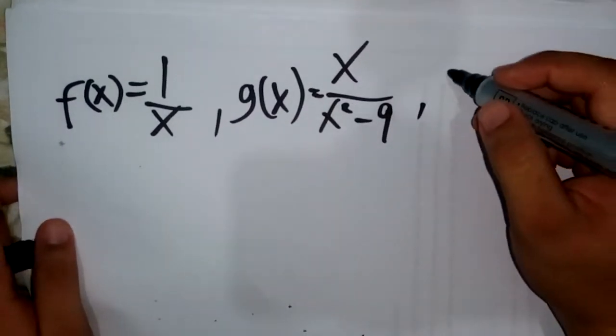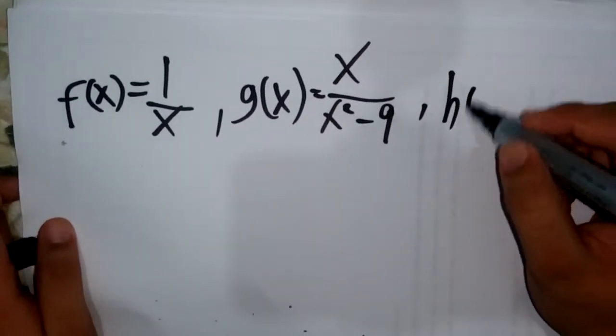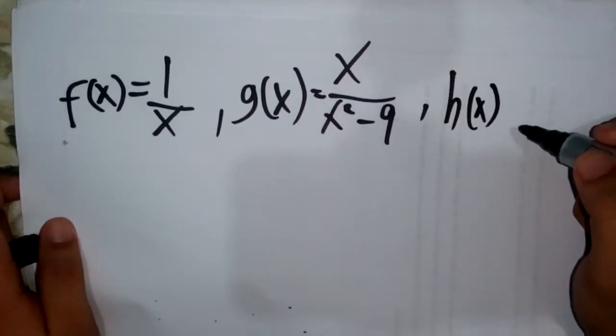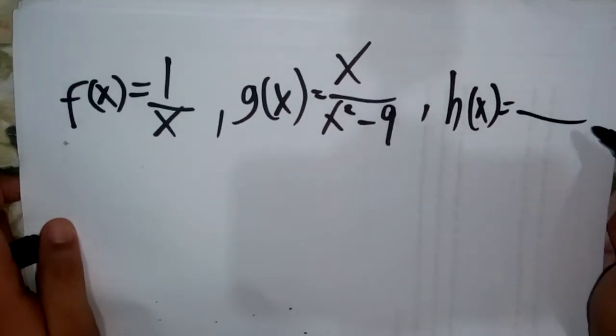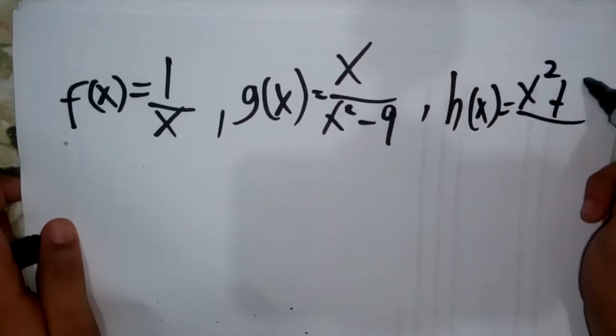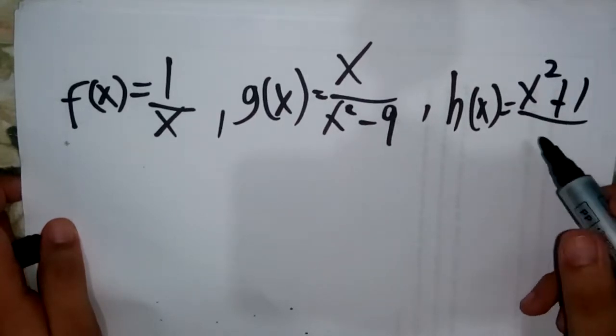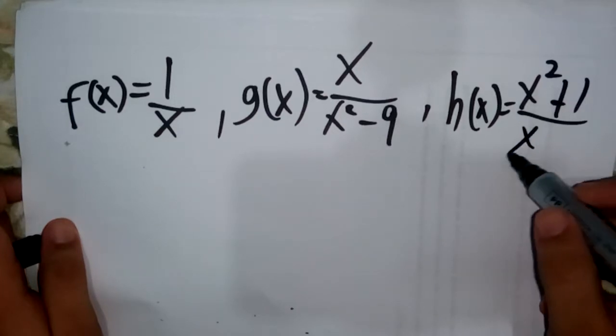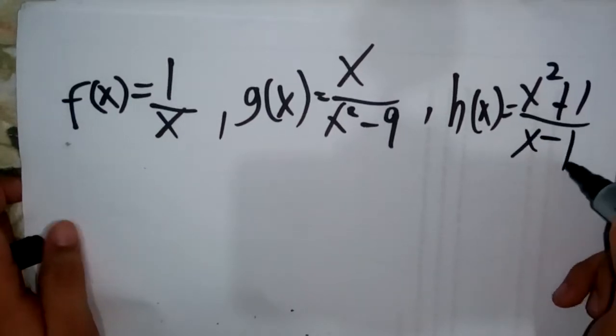The other is h of x equals x squared plus 1 over x minus 1.